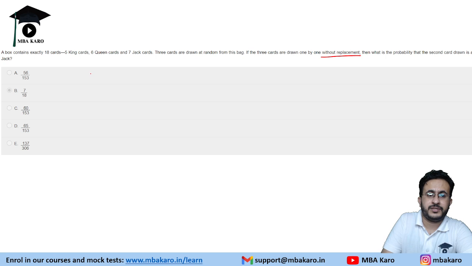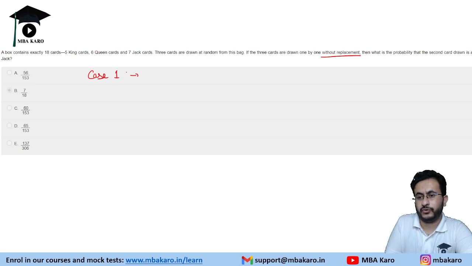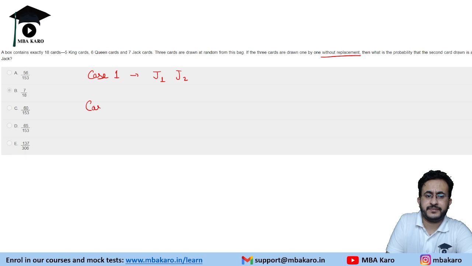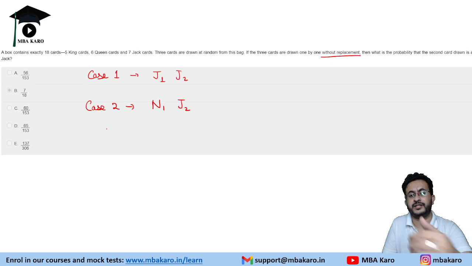So there are two possible cases. Case 1, we do not have to go to the third card, we just have to go to the first card. So first one is jack and second is also jack. Second case is, first is not jack and second one is jack. These are the two cases.